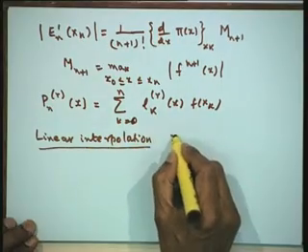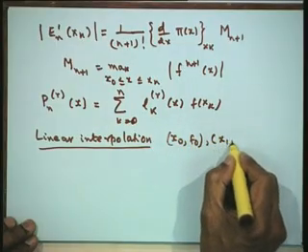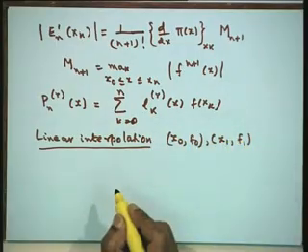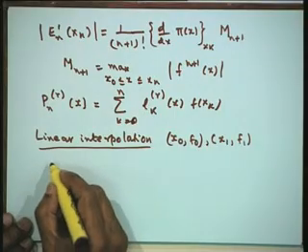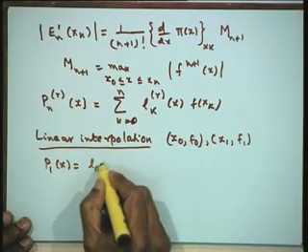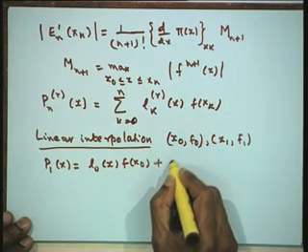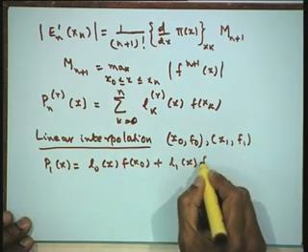So, we have got only 2 points which we are considering, x naught, f naught and x 1, f 1. These are the only 2 points, and the Lagrange interpolating polynomial is p 1 x equal to L 0 x f of x 0 plus L 1 x f of x 1.